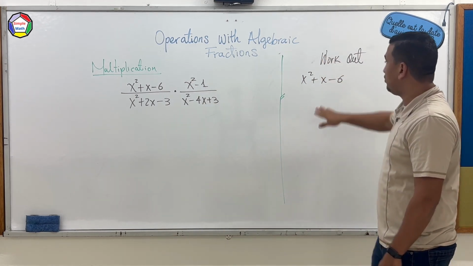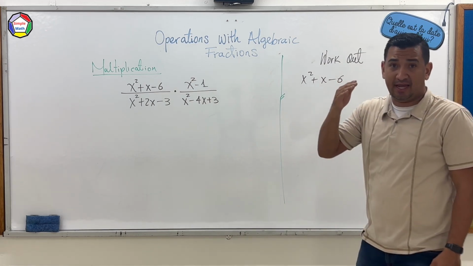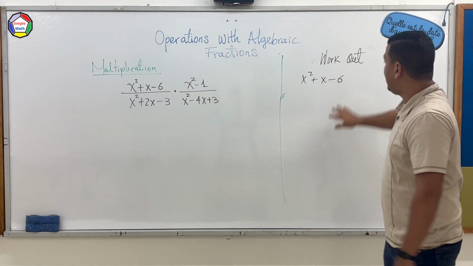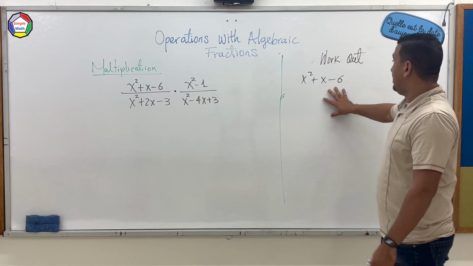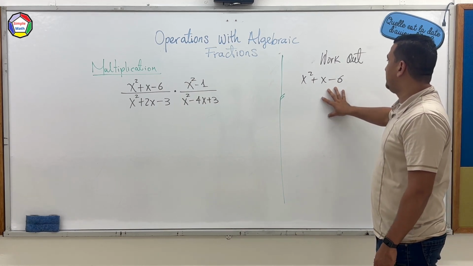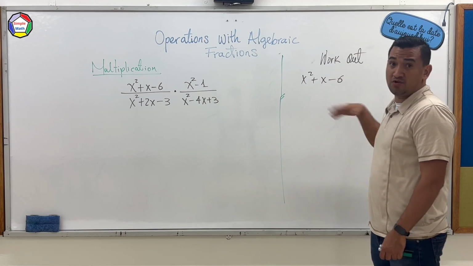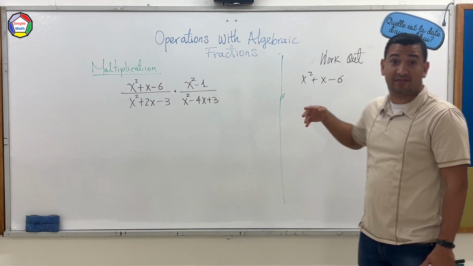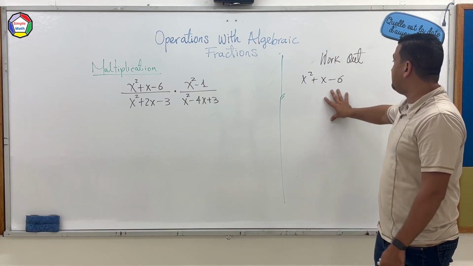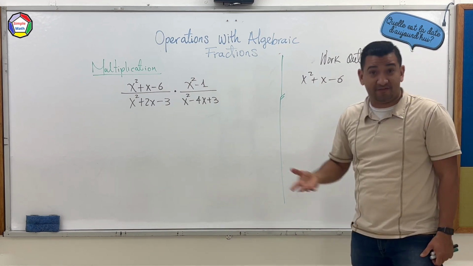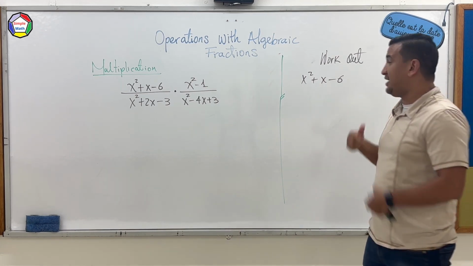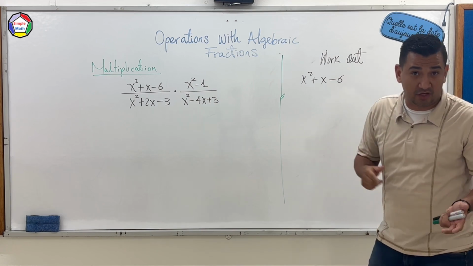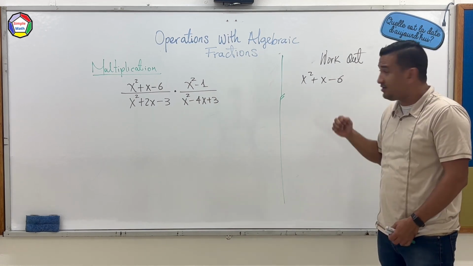In this case, we are going to analyze topic by topic. This is not a common factor because there is nothing that is repeated. It's not factor by grouping because we have 3 terms. It's not a square difference because there are 3 terms. It's not sum and difference of cubes because there are 3 terms.